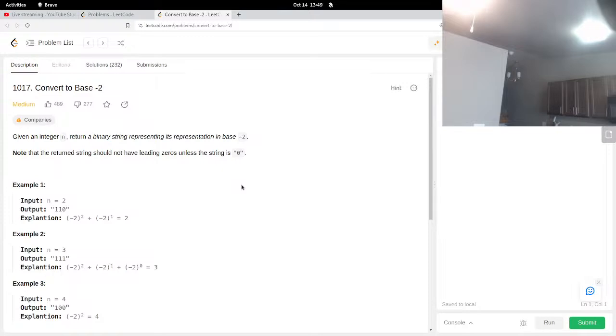So you have -2 to the 0th, -2 to the first, -2 squared. Well, really, your numbers are going to be -1 or 0, right? It's similar to base 2, but yeah, -1 or 0 would make more sense. That would be the analog to base 2, but actually it's going to be 0 or 1.